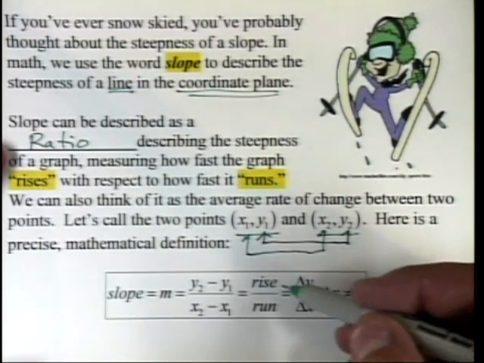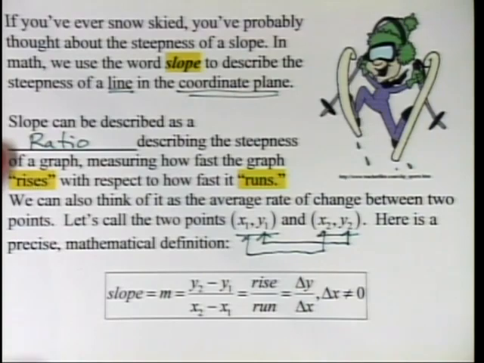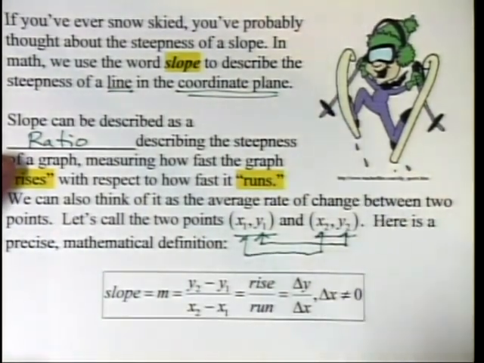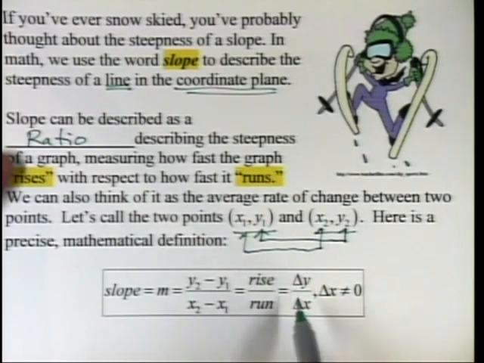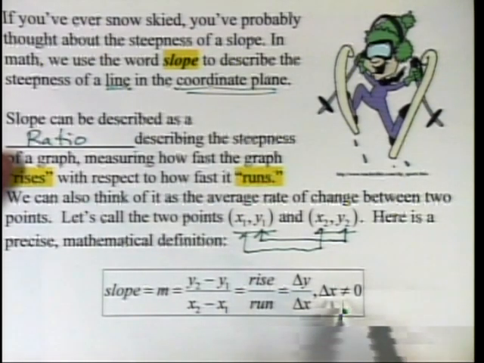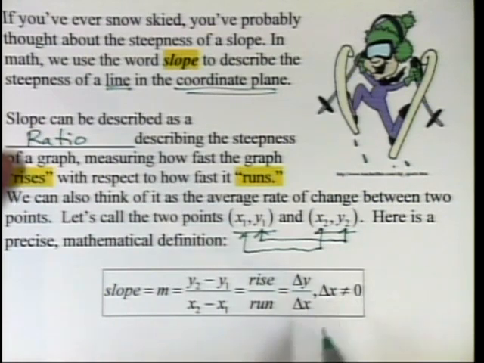Now from Algebra 1, you're used to it as just being rise over run. Here's another symbol we've used on a previous show, the little delta. It's a triangle symbol. That means change in. So you could think of slope as the change in the y values divided by the change in the x values. And because we have variables in the denominator, we don't want in this case delta x to ever equal 0.